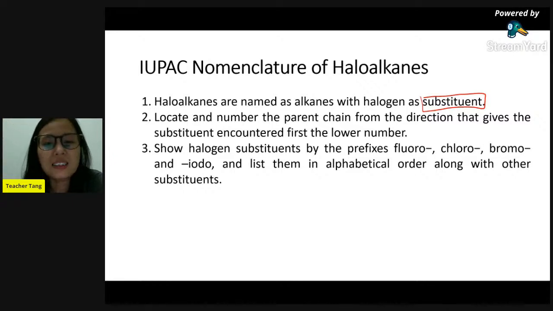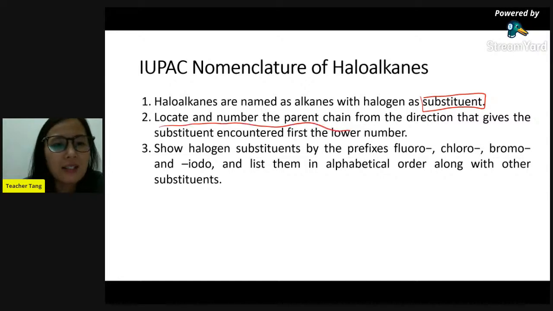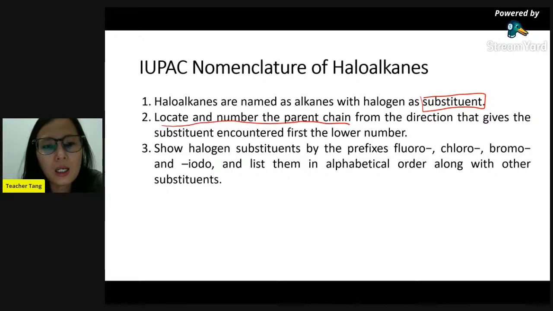Basically, it's how we name alkane. For alkane, remember, first we need to find the longest continuous carbon chain, and then we number the carbon chain in a way that the first substituent gets the lowest possible number. So do the same thing for haloalkane.